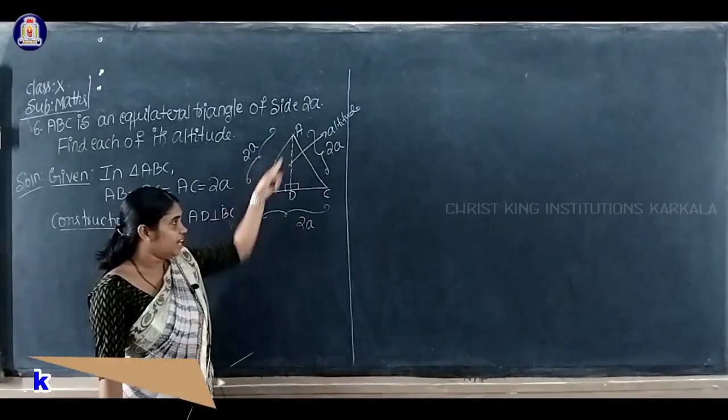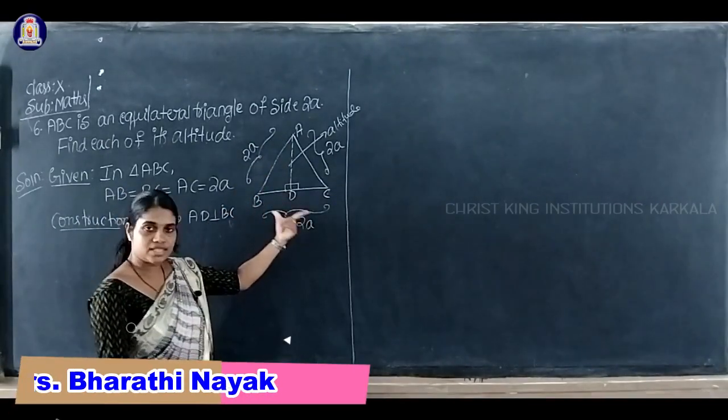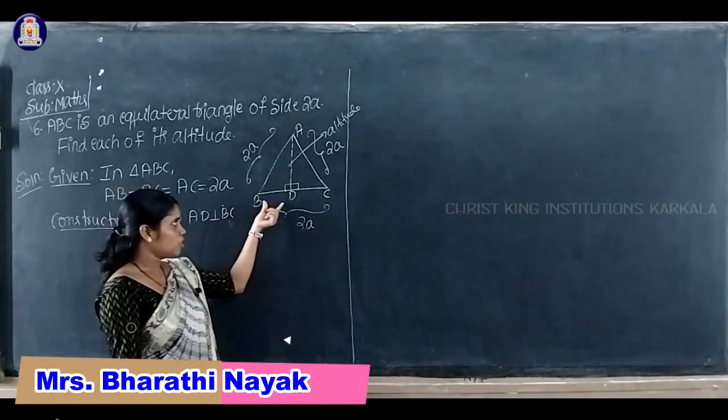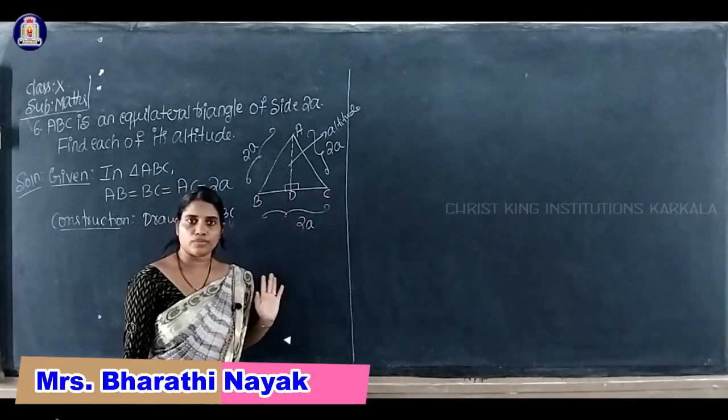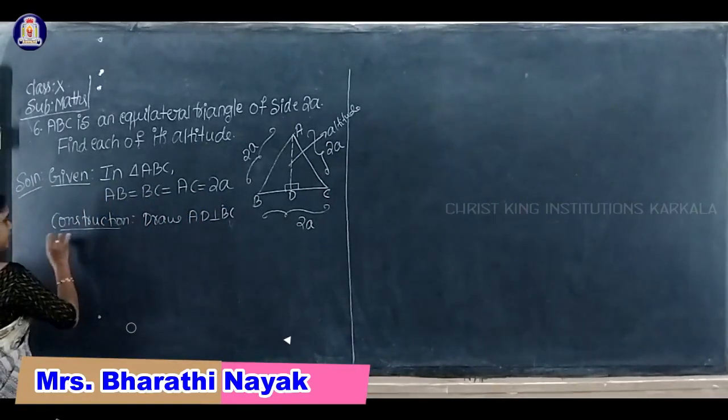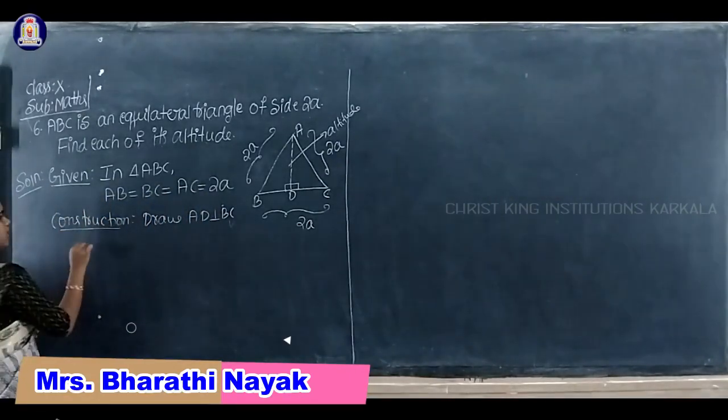That means AD will divide BC into two equal parts. That means length of BD is equal to length of DC.